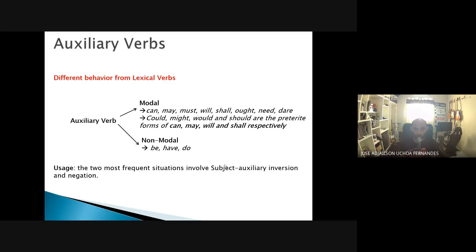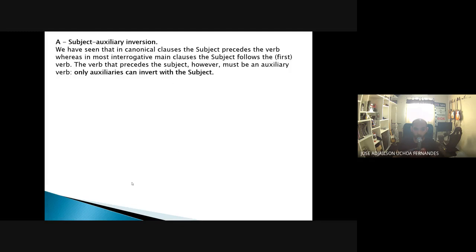So basically, when we talk about auxiliary verbs, we are talking about these two features here: the inversion of the subject and the auxiliary verb when you make a question, and the placing of a not beside the auxiliary verb when you are producing a negative clause. In case A, subject auxiliary inversion, we have seen that in canonical clauses, the subject precedes the verb.